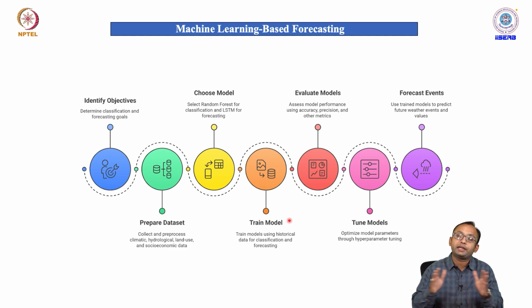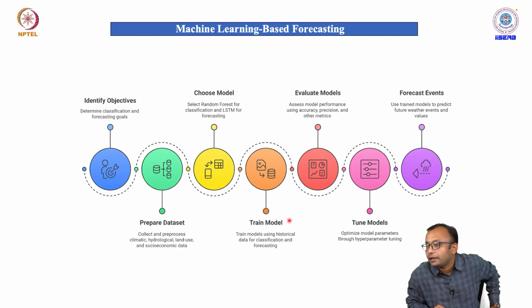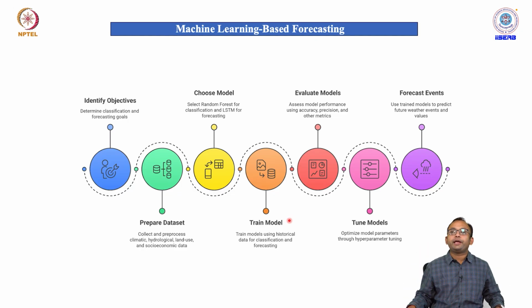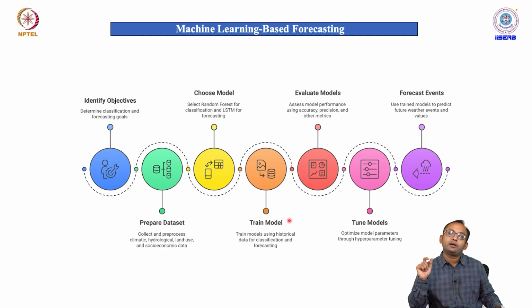You have to split the data into two parts, 80 and 20 percent. The 80 percent data set you use to train the model to find the parameters of the model efficiently, and the remaining 20 percent you use for testing, to see how well your model is performing.